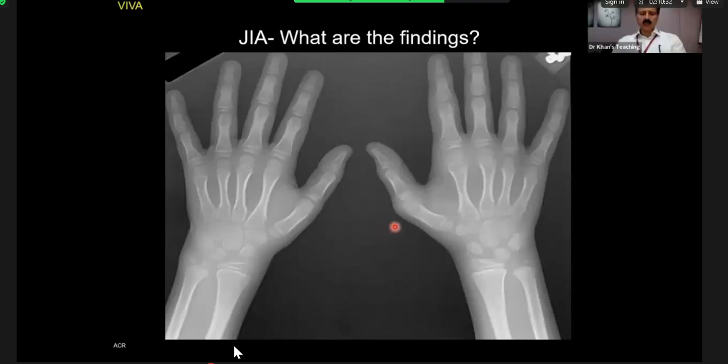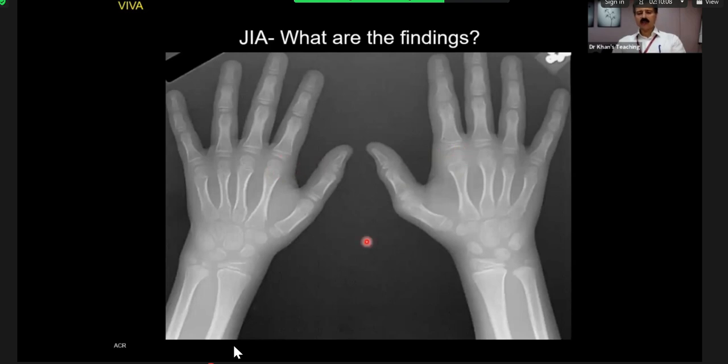Now, if you see carefully, the first finding is, look at this, develop your eyes on this soft tissue. You compare this soft tissue to this soft tissue, and one can appreciate that this soft tissue is more. Then look at the epiphysis, and this epiphysis is larger as compared to the other one. Look at this epiphysis, and this is larger.